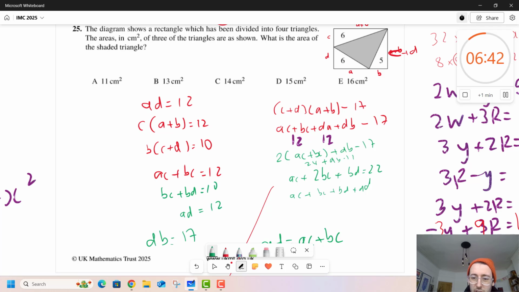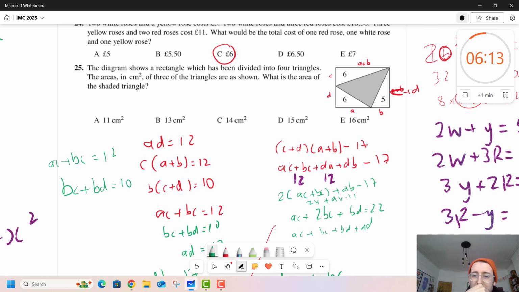I've got DA, which is 12, but I don't have DB. But I do have that BC plus BD equals 10. So how do I get rid of BC? AC plus BC equals 12. Missing something obvious, I think.